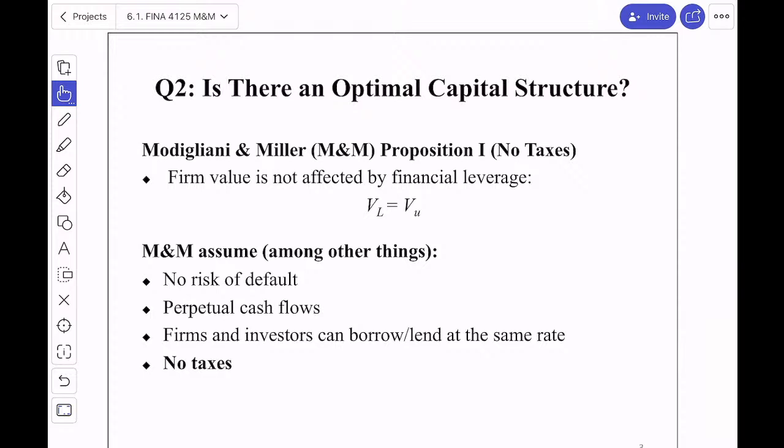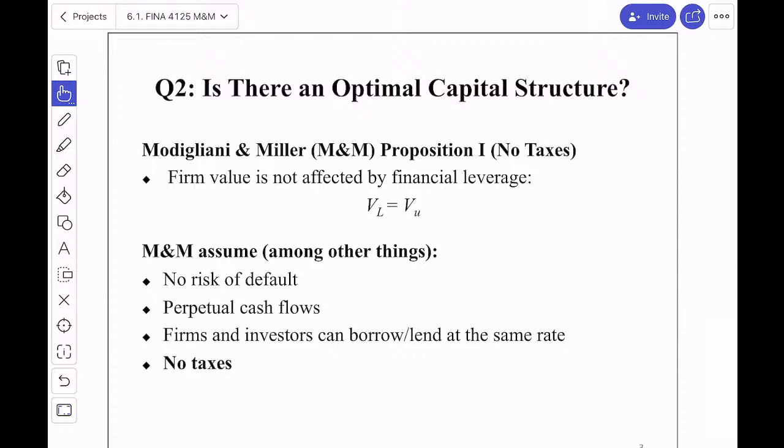And we turn to the theory of Modigliani and Miller for some answers. What they set up in their seminal work, going back to the 50s, is that if you create a number of assumptions, so you take away reality, okay?